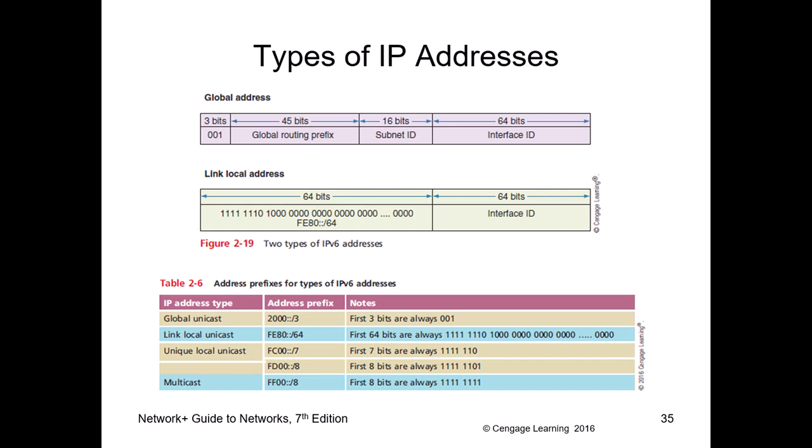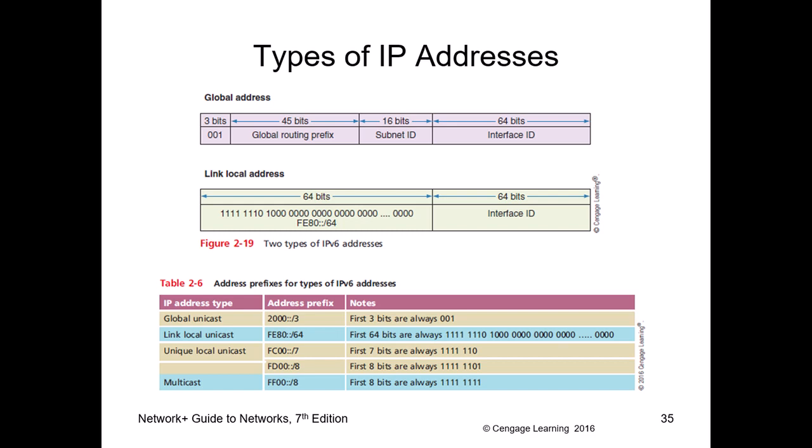If your address starts with FE80, and whatever you write after that, that's a link local address. So you're going to typically get 2 addresses, a link local address, an address that starts with FE80, and an address that starts with 2. The address that starts with FE80 is the address that you communicate with your devices inside your link, inside your LAN.